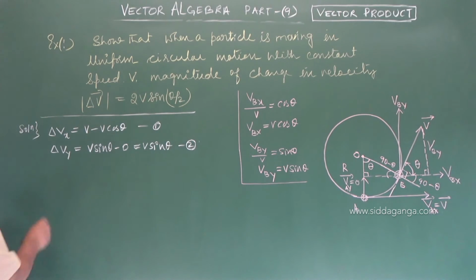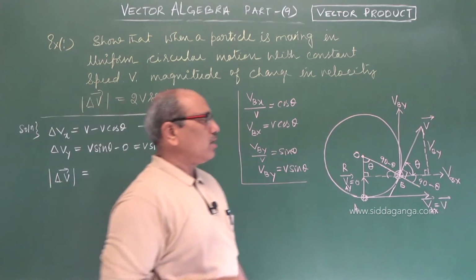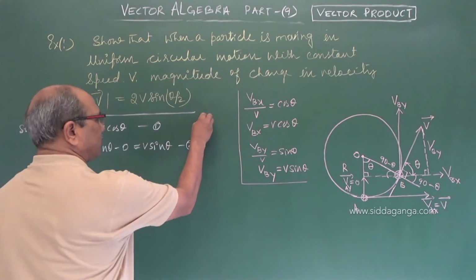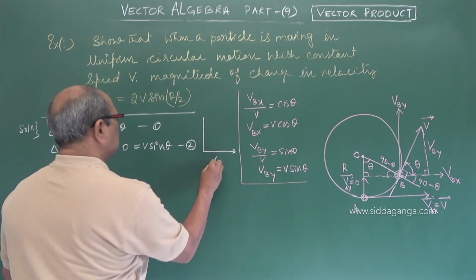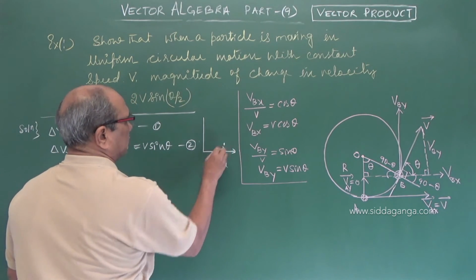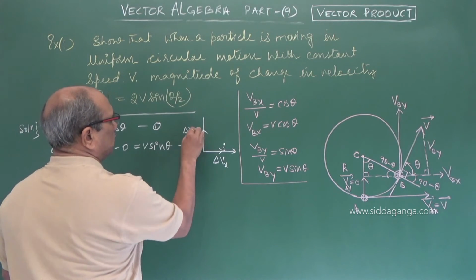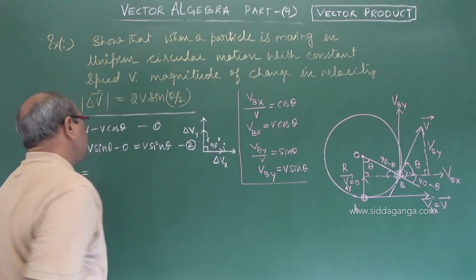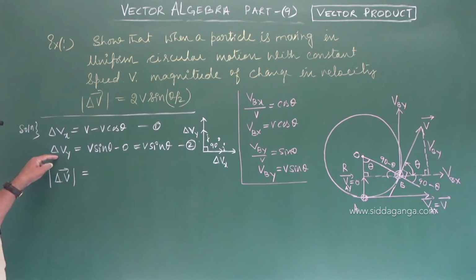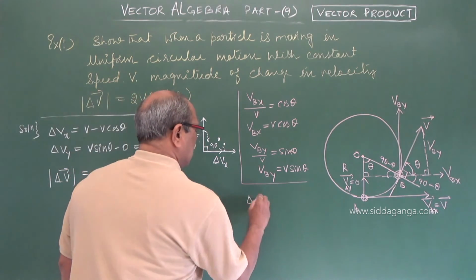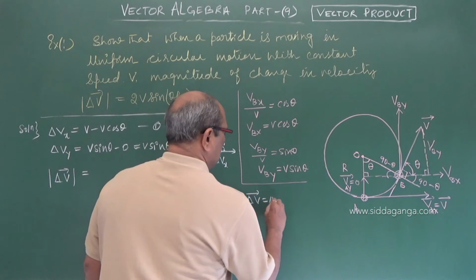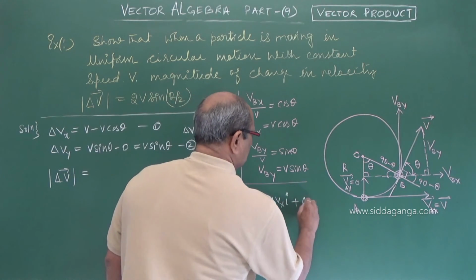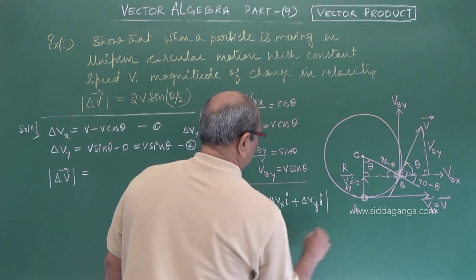What is the question? Delta V, the change in velocity magnitude. These two are vectors. What we got here you can think of as a vector delta Vx along the i direction and the change in velocity along the j direction. The angle between them is 90 degrees. So delta V in vector form is delta Vx i plus delta Vy j.